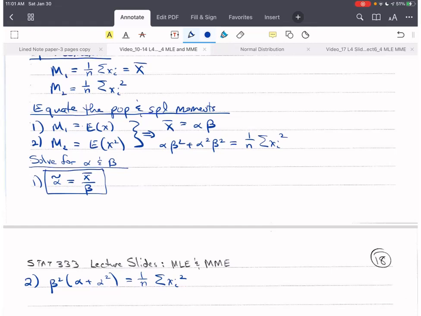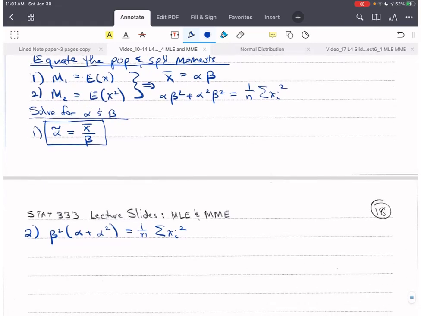Now I'm going to substitute in for, so really I should reverse this. This is something you find out after you've solved it, that you realize, hey, I needed to put this one first.